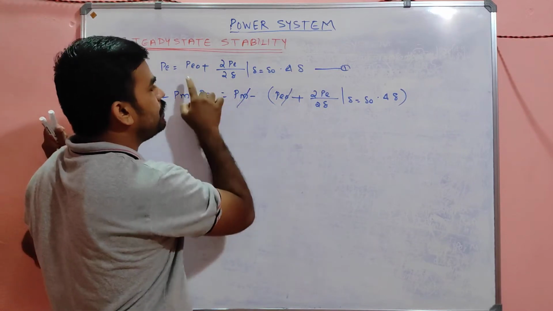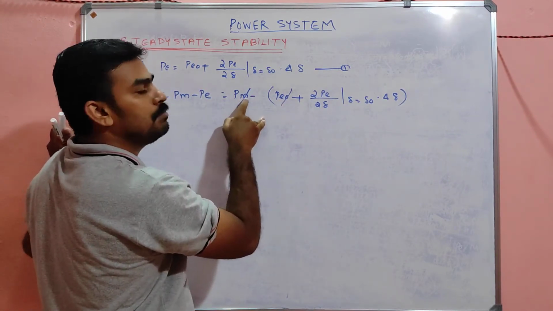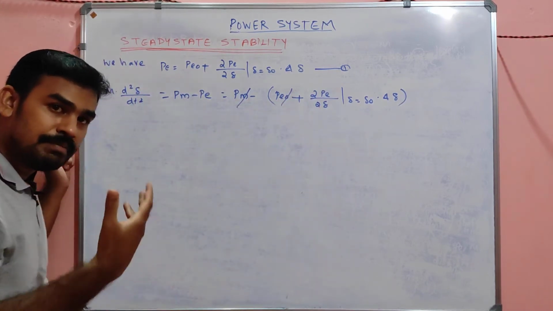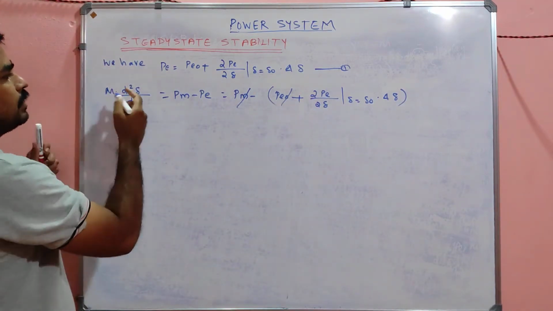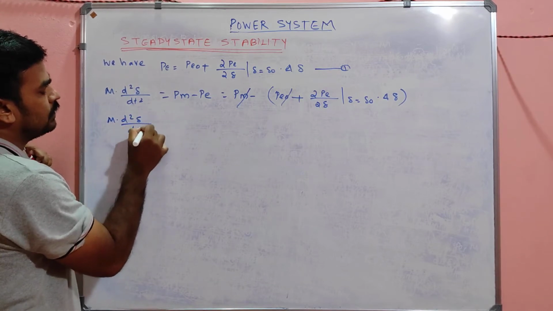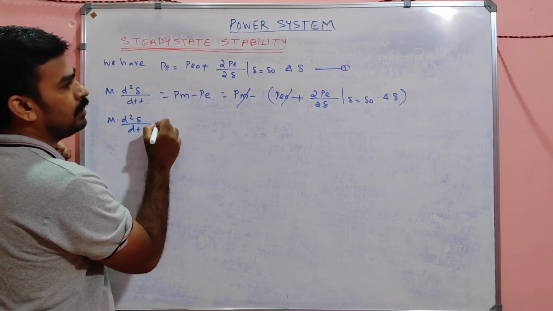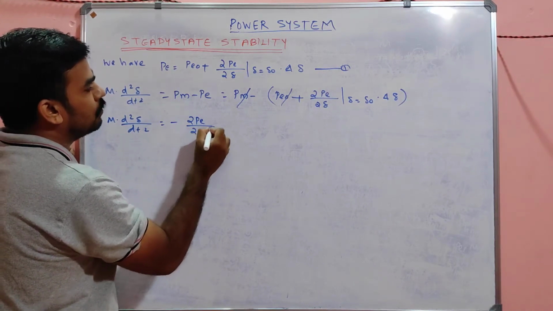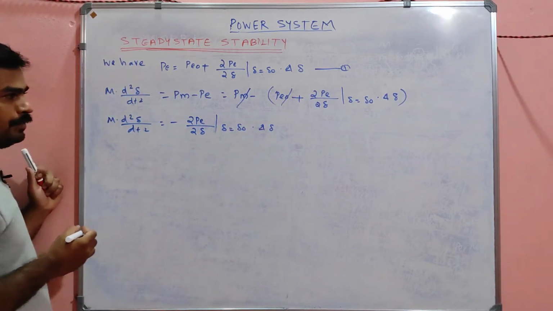So for Pm minus P you substitute: P is the initial electrical energy, which equals the initial mechanical energy. That means the whole input is converted. So the rest is M d²δ/dt² equal to minus ∂P/∂δ at δ = δ0 into Δδ.